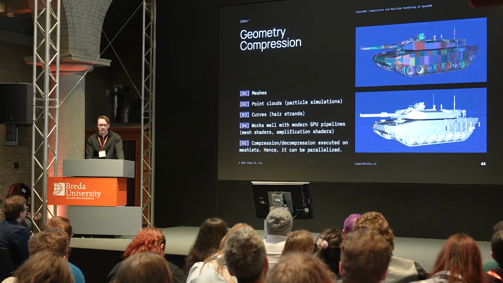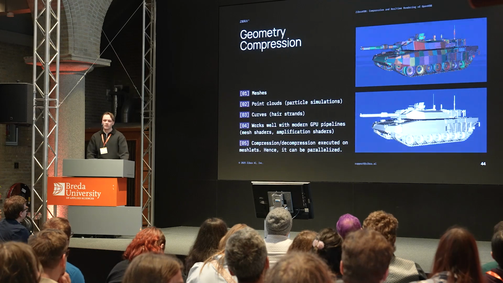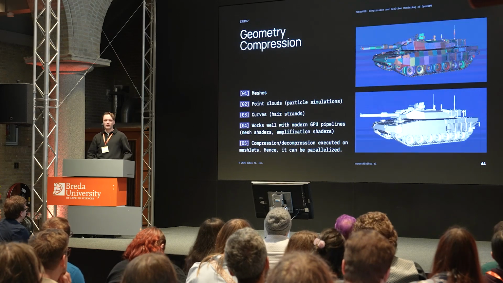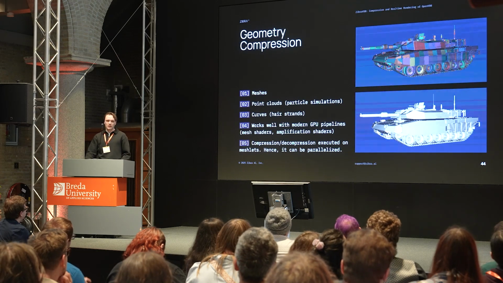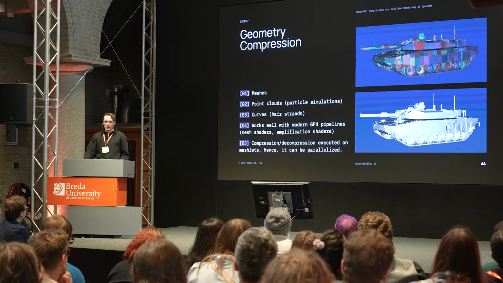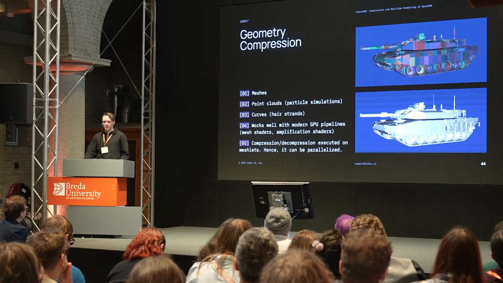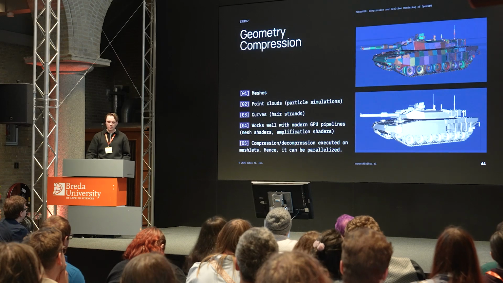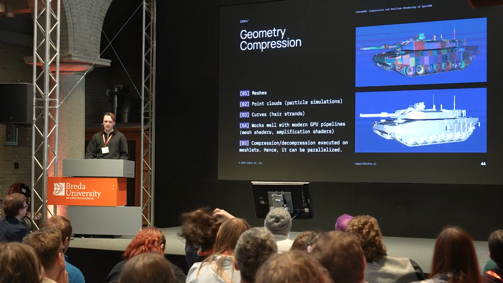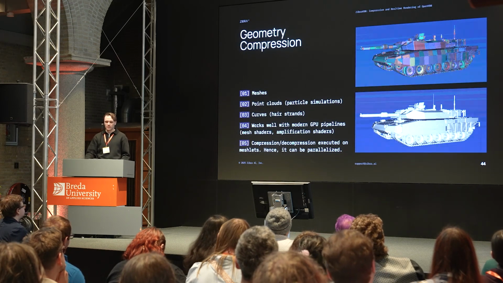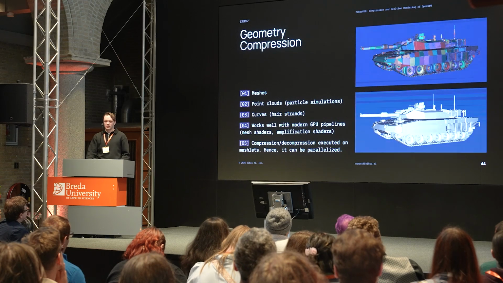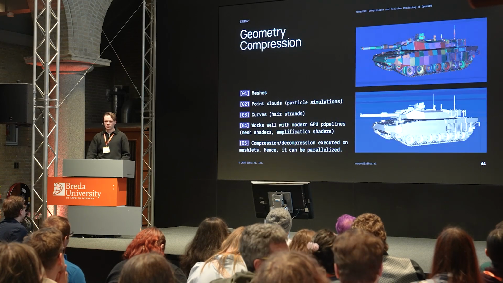Next thing we are working on is geometry compression, which is very similar to how ZibraVDB works, but it works with geometry. Right now we have an implementation for compressing meshes. We also will be compressing point clouds for liquid simulations and curves for hair strands, for example. And this is something that works well with modern GPU pipelines.